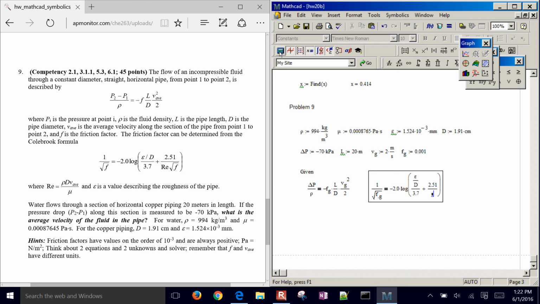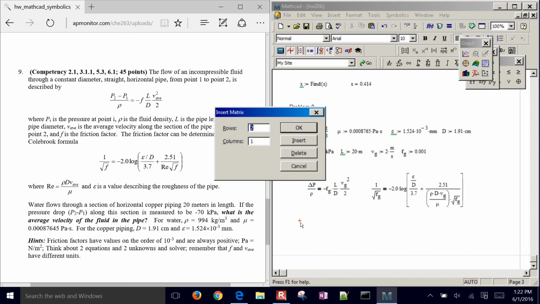Now everything else is going to go here in the denominator: D times V sub G divided by mu. Hit spacebar a couple times, and then hit your backslash again, FG. So we have our two equations right here.